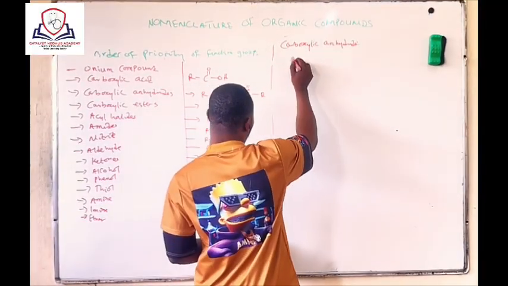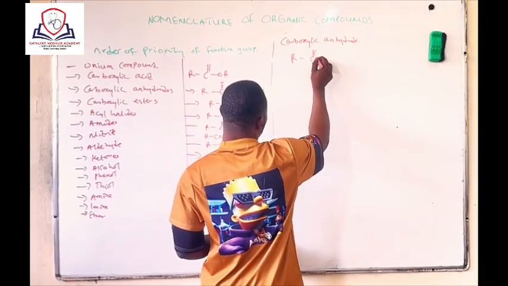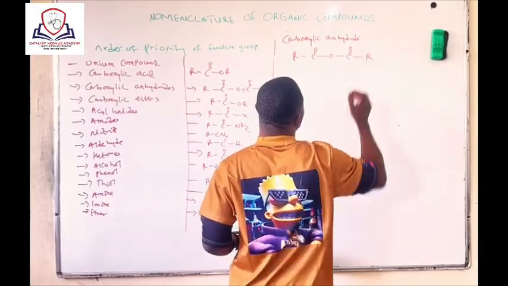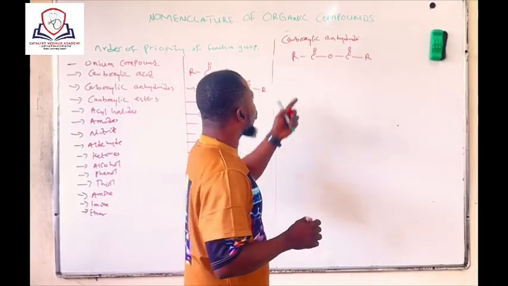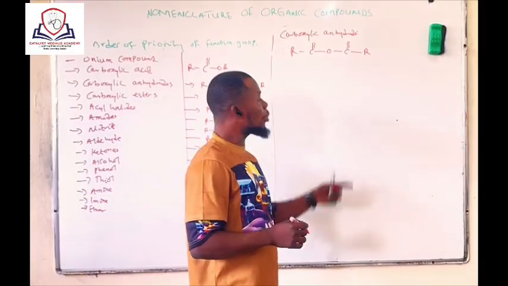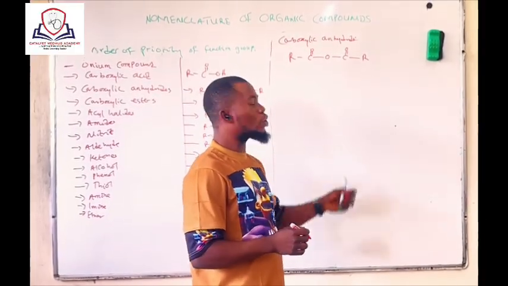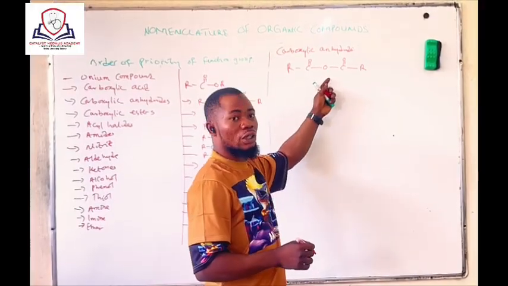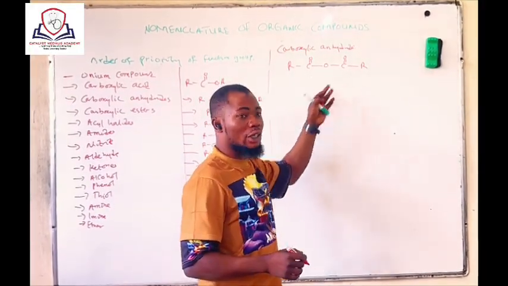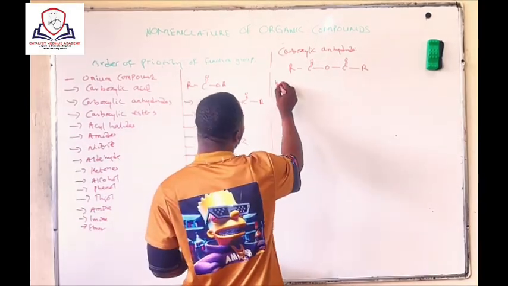So, it is represented as this. It also has its own name if it occurs in a straight chain. Normally it does not occur in a cyclic form, but we can also have it in cyclic.